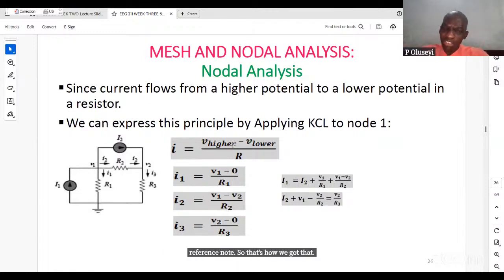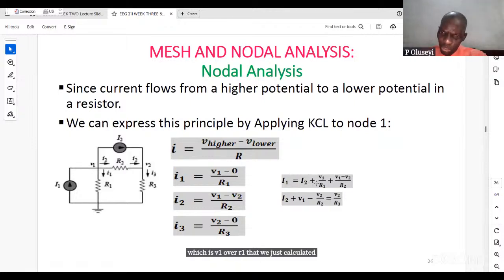So if you put that to work, looking at my right-hand side, you will see that I went further to say I1, the source current, is uppercase I1. The other current that is flowing out is uppercase I2, which is reflected in the equation on the right-hand side of this slide. Then lowercase i1, which is V1 over R1 that we just calculated.